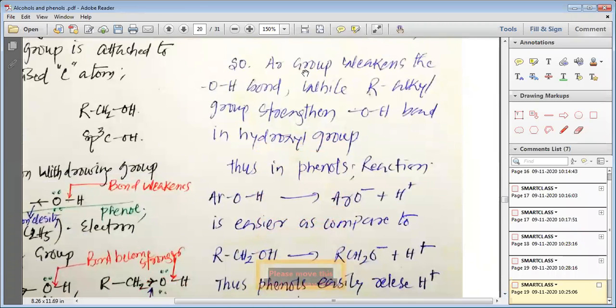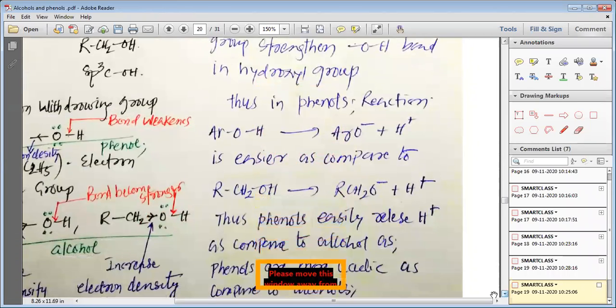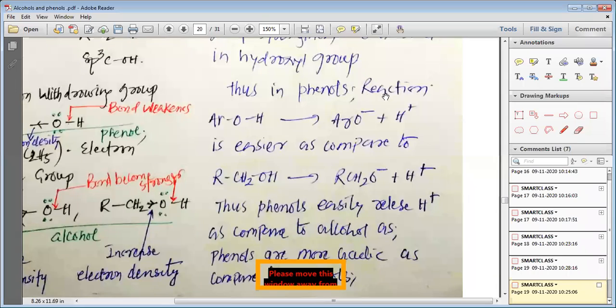So, the aromatic group weakens the OH bond, while the alkyl group strengthens the OH bond in the hydroxyl group, and thus the reaction of phenol ArOH giving ArO minus phenoxide ion plus H plus is easier as compared to RCH2OH giving RCH2O minus plus H plus.